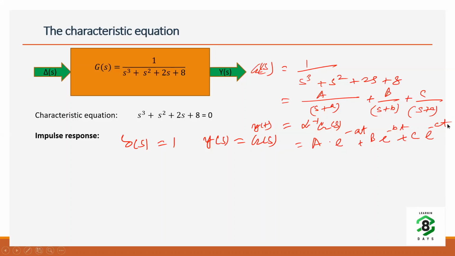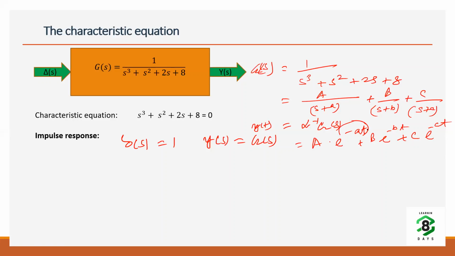So it is nothing but the sum of 3 exponential terms. Depending on the value of a, whether it's positive or negative, each term will decide whether it is a growing exponential or a decaying exponential.